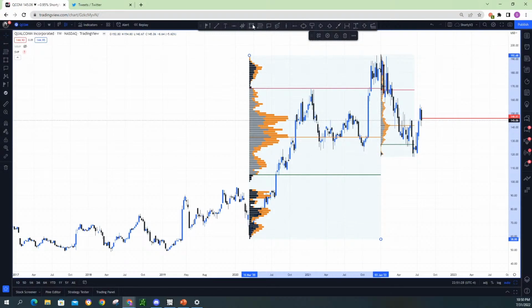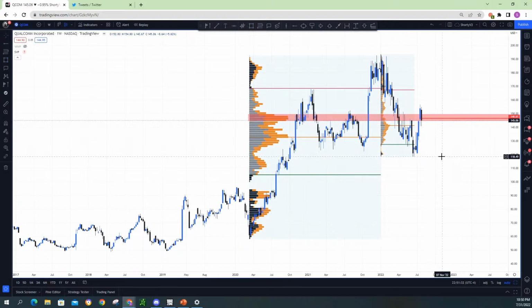Yeah, there's a very strong supply right here. So you can go long at 146, go all the way to 150, and then get out. And then if you're able to break this 156, then you get 170 on QCOM.